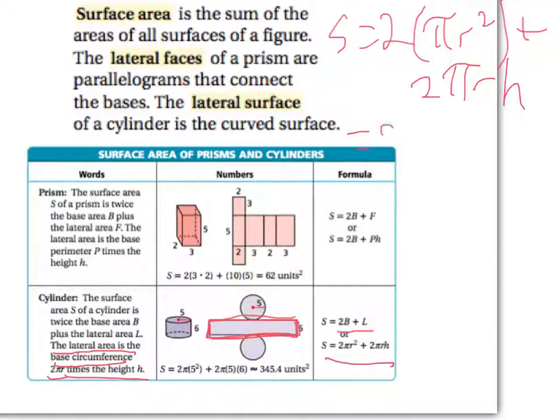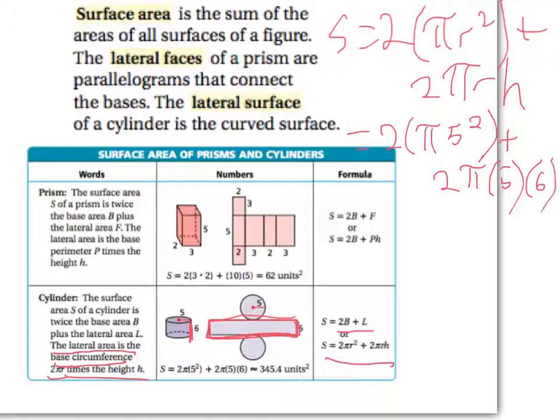So this is 2 times pi r squared, which is going to be 5 squared, plus 2 times pi times the radius, which is 5, times the height, which is going to be 6. Because remember, the height is whatever connects the bases together.